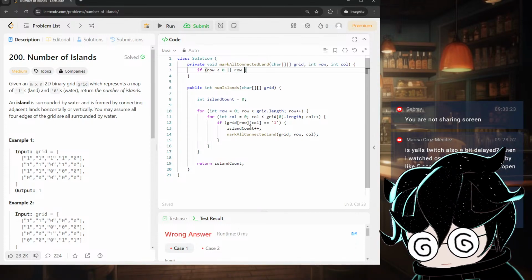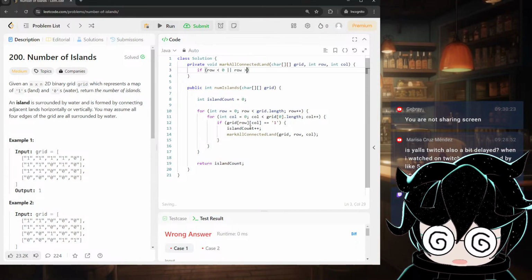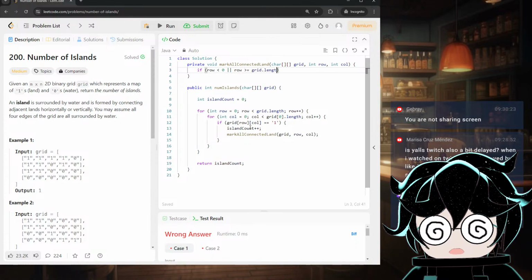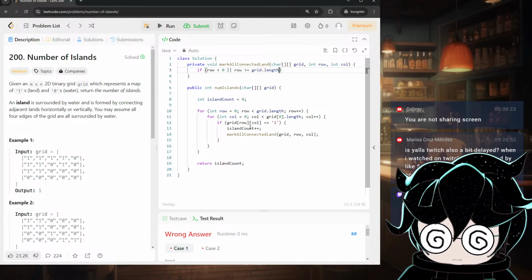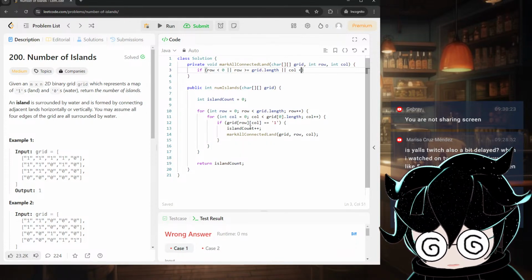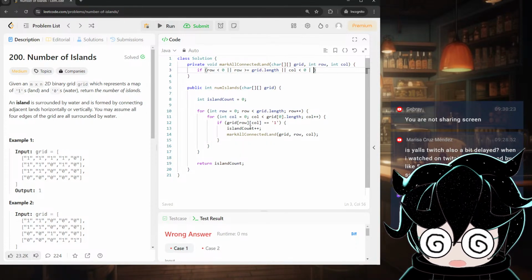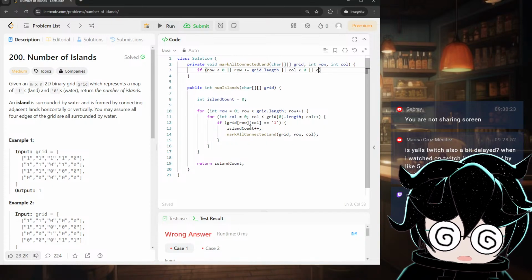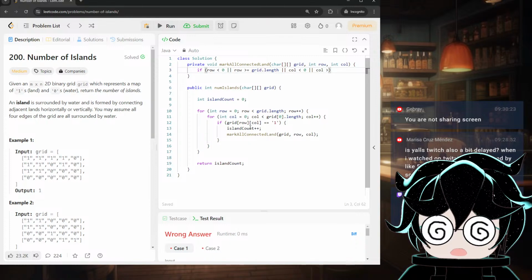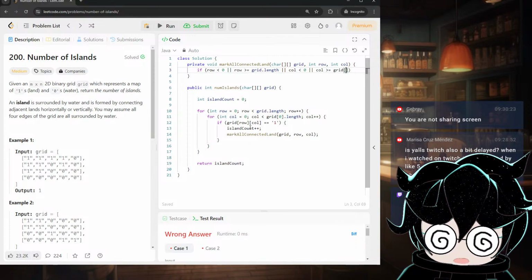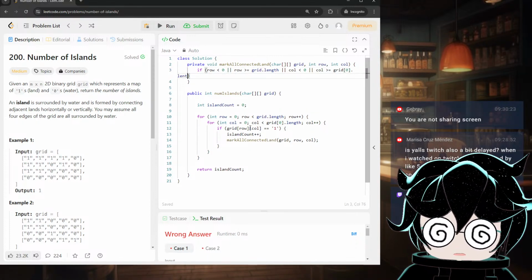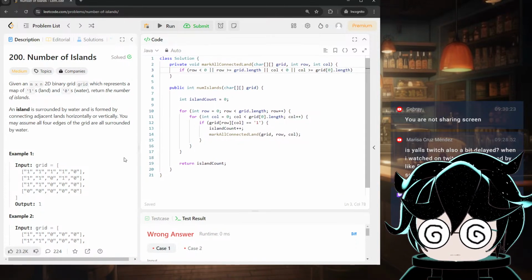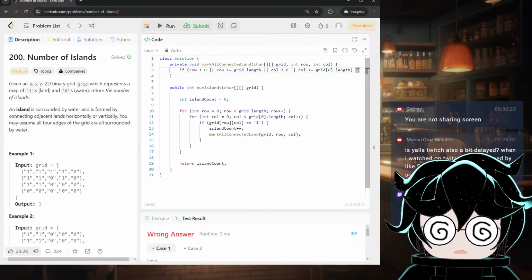So if row is greater than or equal to grid.length, or column is less than 0, or the column is greater than or equal to grid[0].length, the length of the first row, the number of columns in the first row.